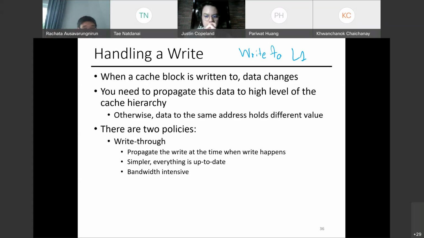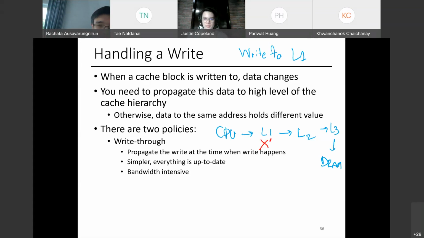My question is this: do I need to do that? Let's say I have a CPU that accesses the L1, then the L2, then the L3, then DRAM. I'm going to use a different text color here. Let's say address X is being written over into X prime.